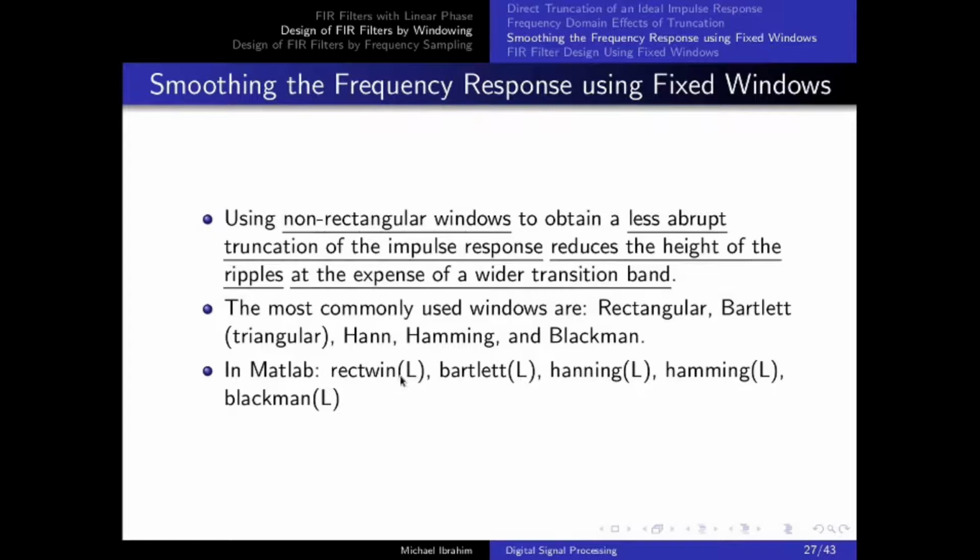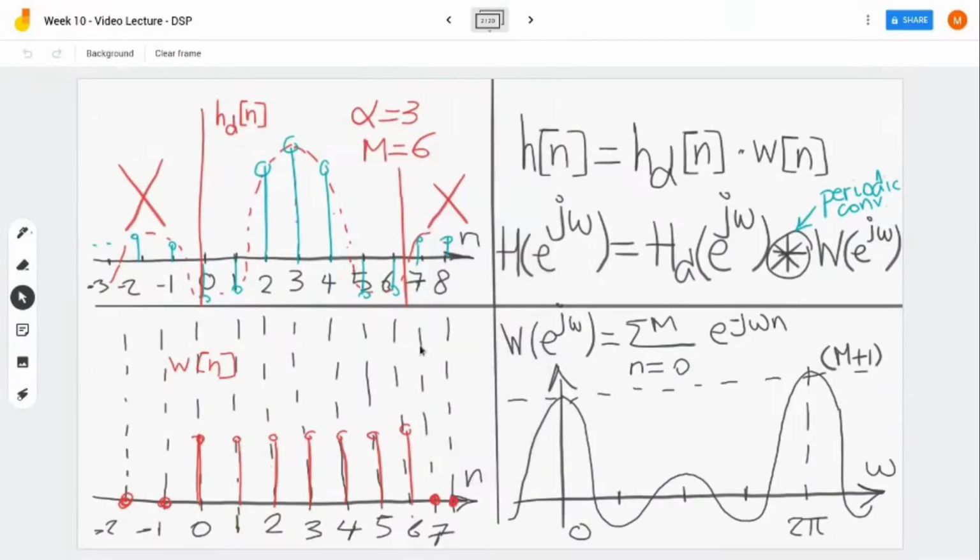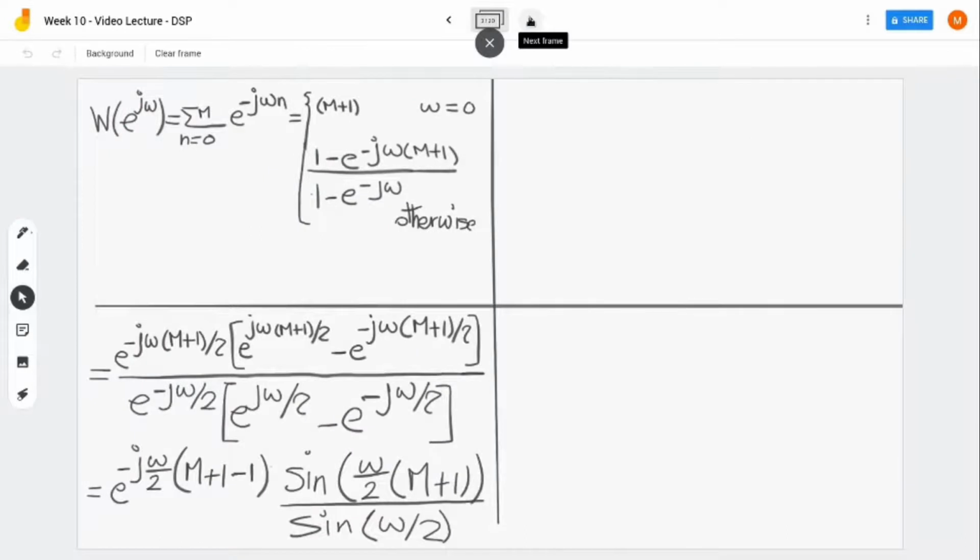And you just give the command the length of the filter, L. As we know, L is equal to M plus 1. So the relation we know is that M is equal to 2 alpha, and the length of the filter L is equal to M plus 1, which is 2 alpha plus 1.